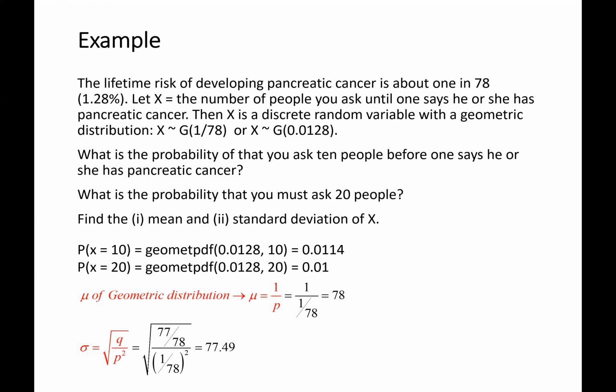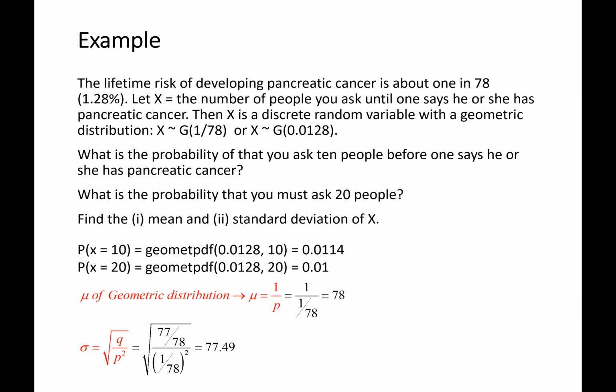So the probability would be 0.0114. What's the probability that you ask exactly 20 people before one says that they have pancreatic cancer? Well, this again would be a geometPDF, where the probability of someone having cancer is again 0.0128. And now the random variable takes on the value of 20. So the probability is 0.01.